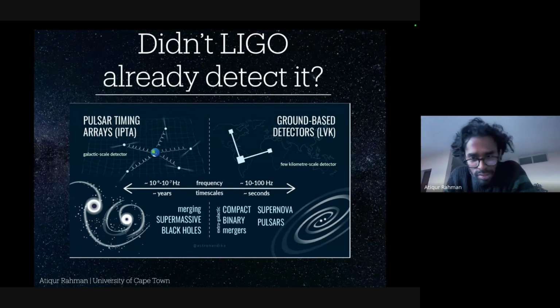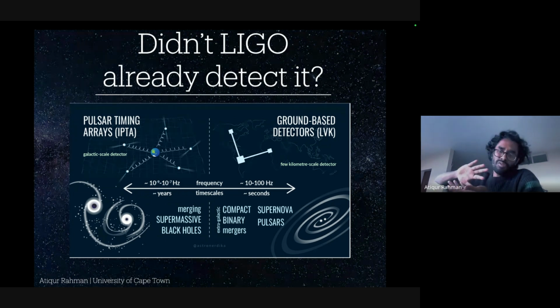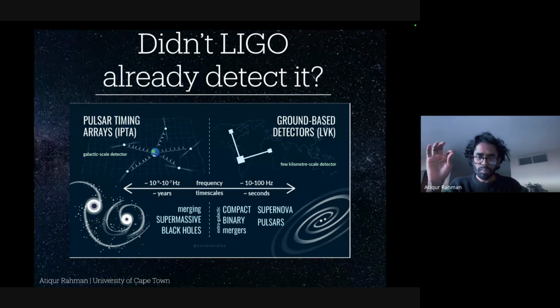What is the difference? The difference is in the frequency, or rather the wavelength range. When LIGO detected it, the frequency was in hertz, 10 to 1,000 hertz, and it was coming from a single source.